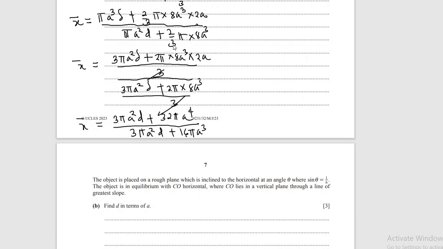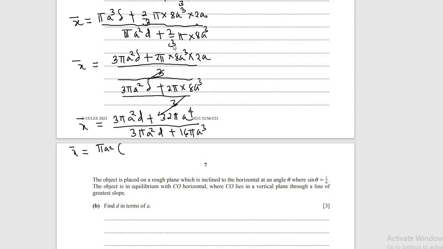Now, what is common here? Pi a squared is common.